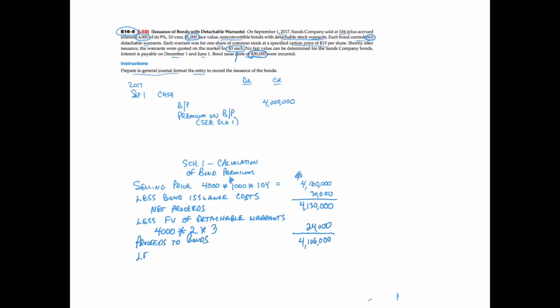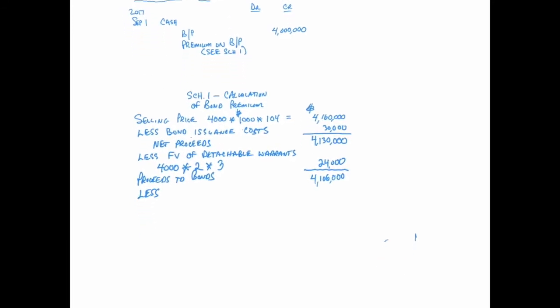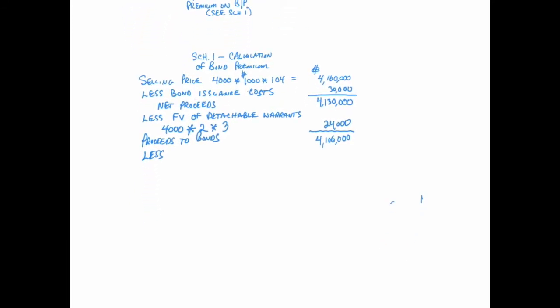And then we're going to subtract the face value of the bonds, 4 million. That gives you the premium on bonds payable, 106,000.